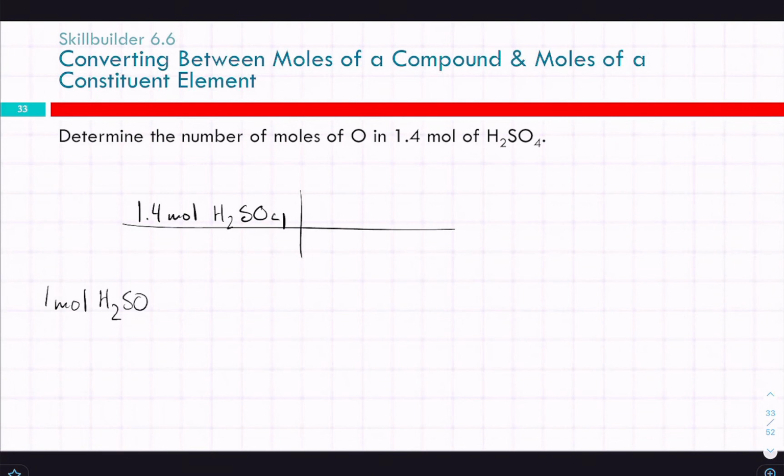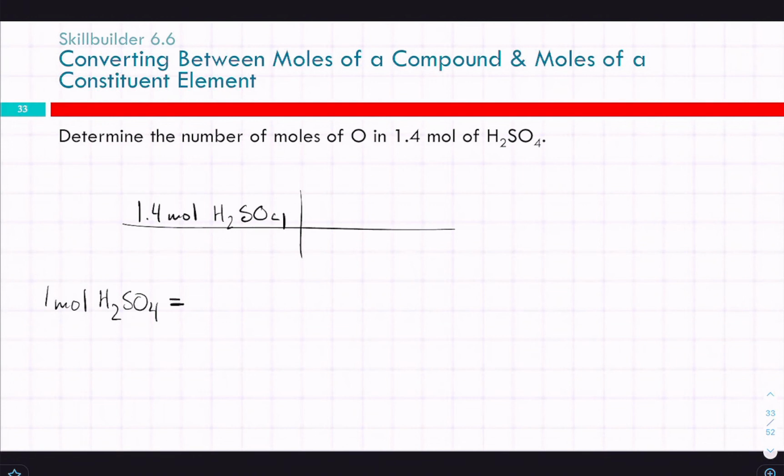And what is the name of this compound? Not hydrogen sulfide. It starts with an H. Well, what kind of compound is it? It's an acid. And it's hydrogen, and then it's more than one other nonmetal.